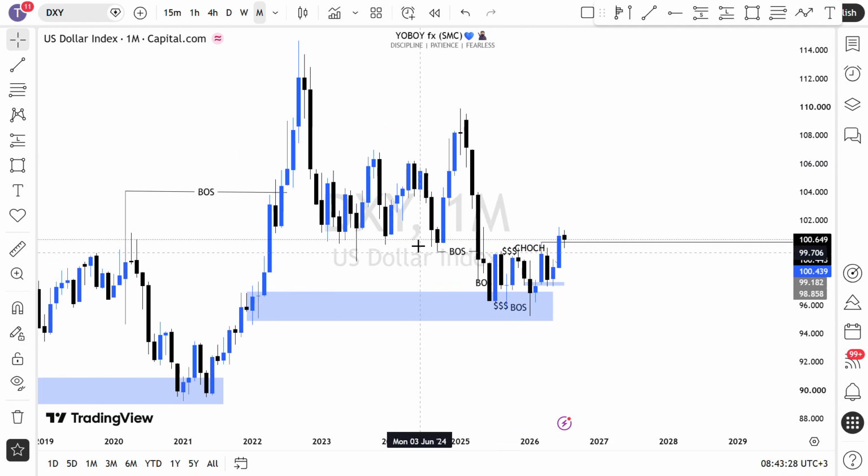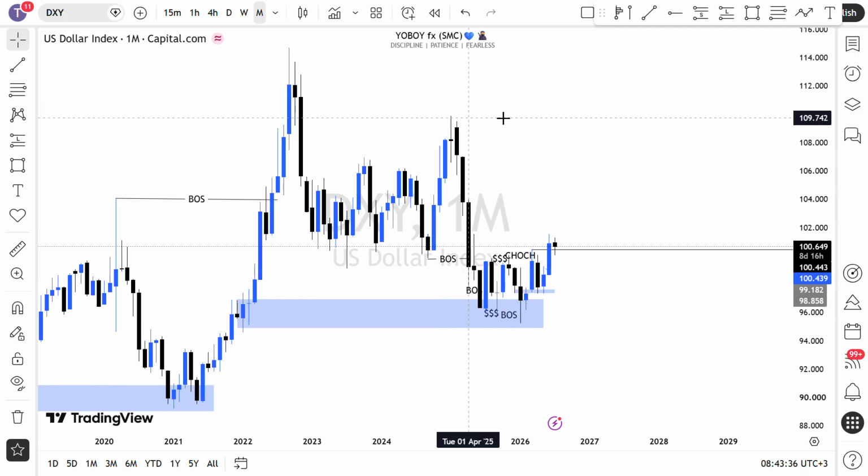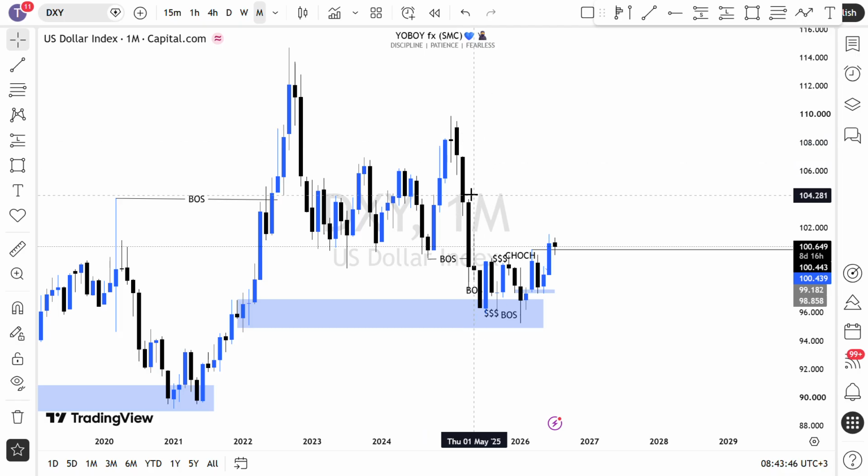So after price gave us this recent break of structure downwards, we are now going to concentrate on this high and this low. So now we are going to expect the price to come inside and fill this fair value gap that we have here.